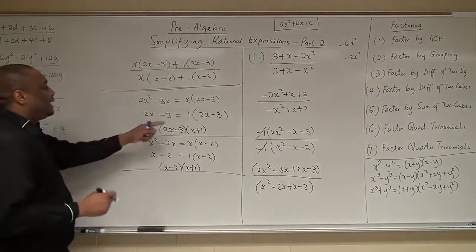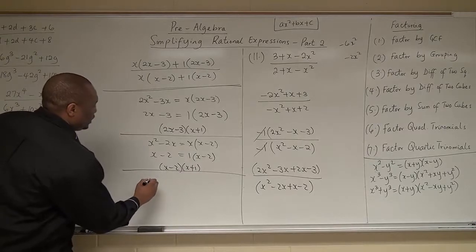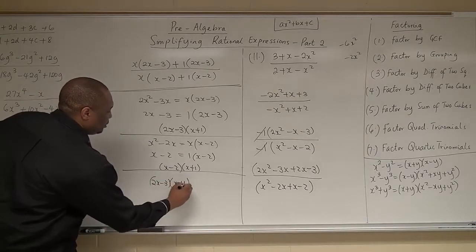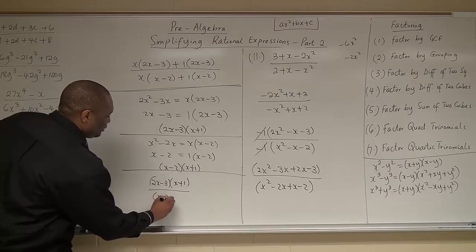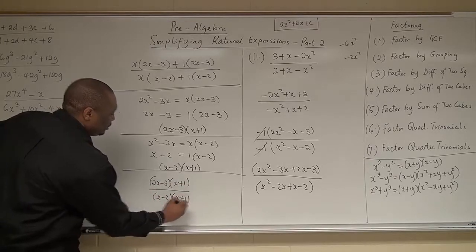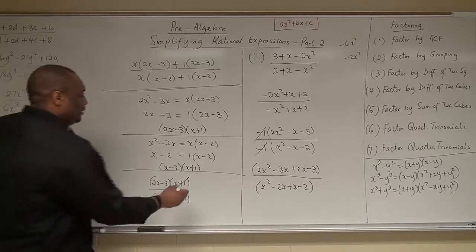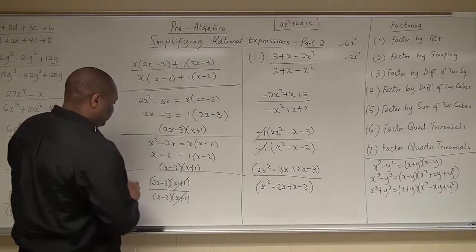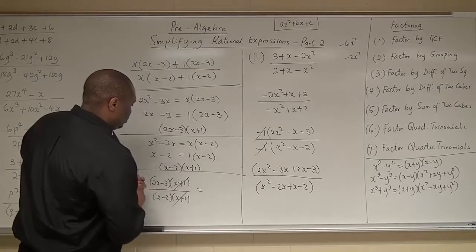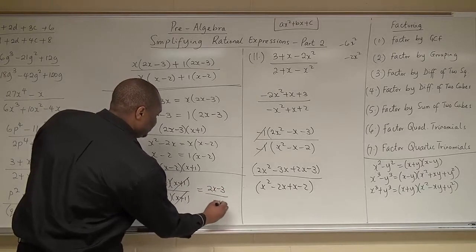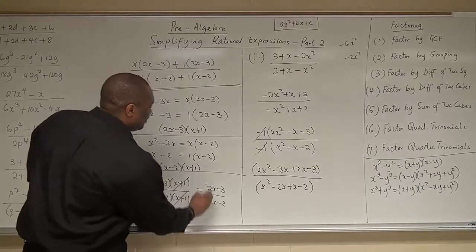Alright, so what do you got now? You have (2x - 3)(x + 1) all over (x - 2)(x + 1). (x + 1) will cancel out, and this will be equal to (2x - 3) all over (x - 2). And this becomes your answer.